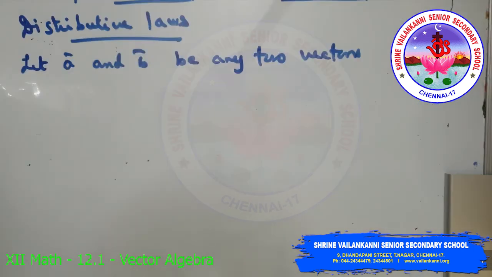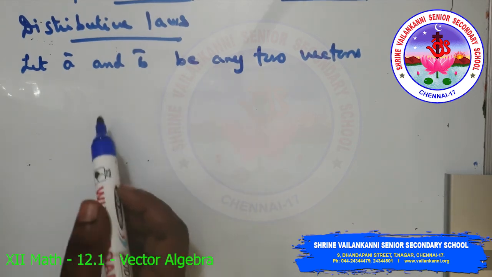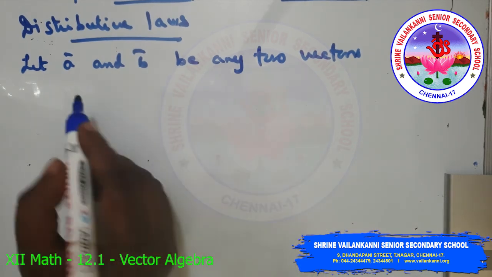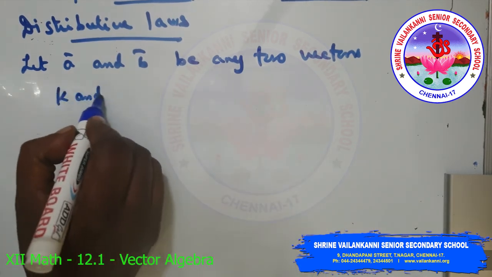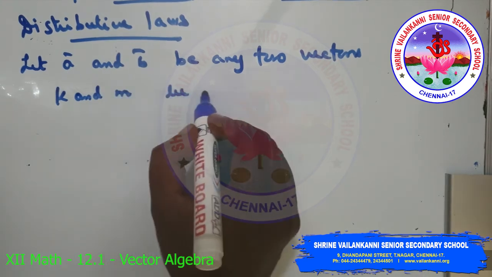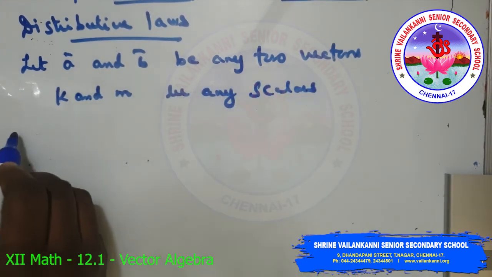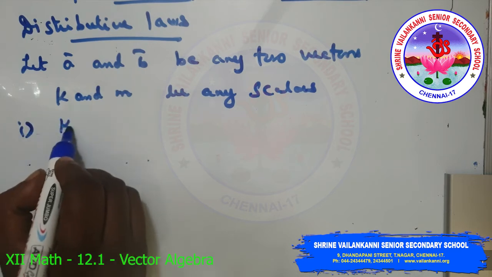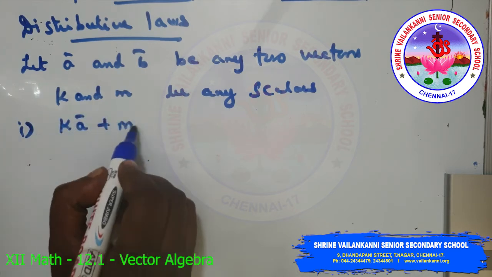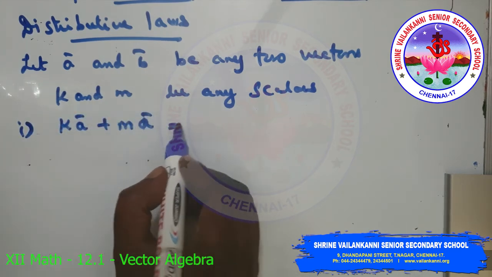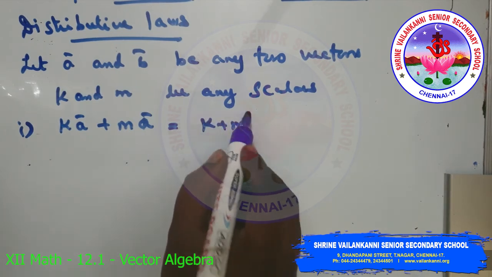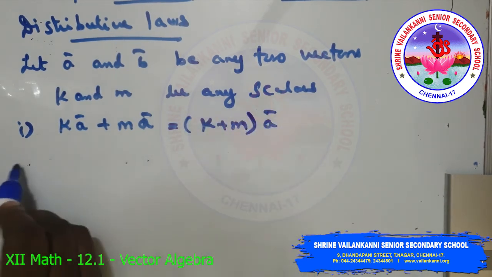The addition of vectors and the multiplication of a vector by a scalar together give the following distributive laws. Let A and B be any two vectors and k and m be any scalars. Then first, k into A vector plus m into A vector is equal to (k plus m) into A vector.